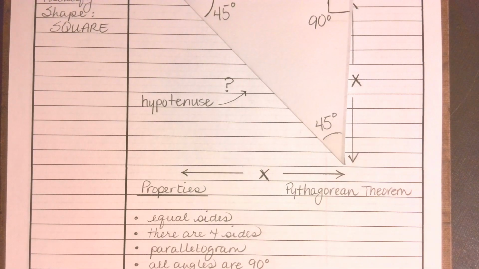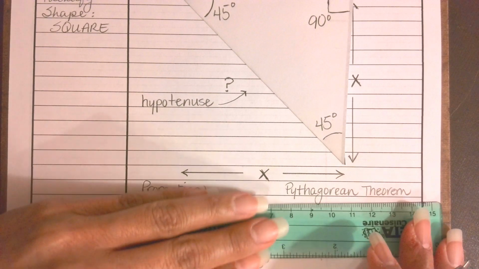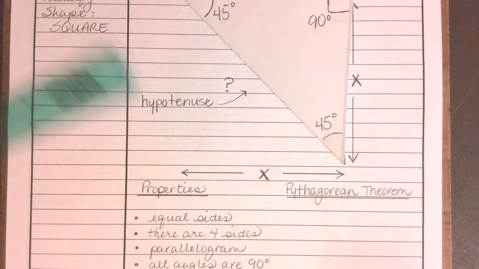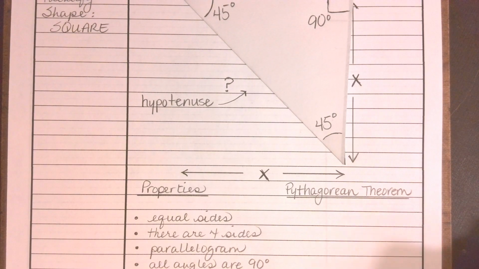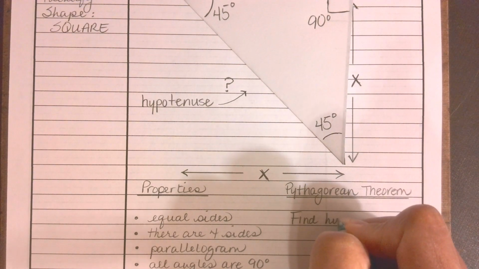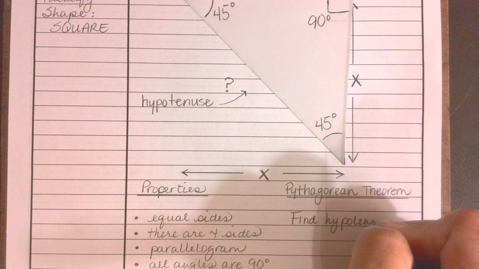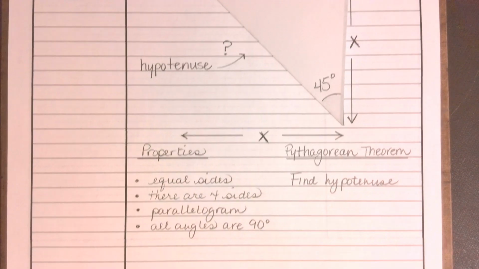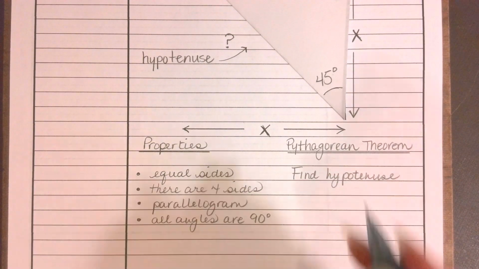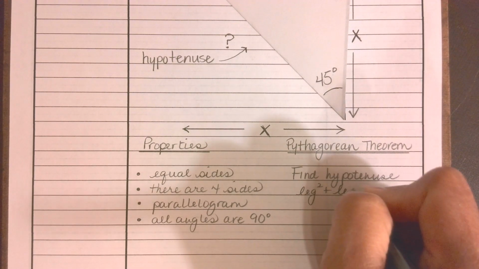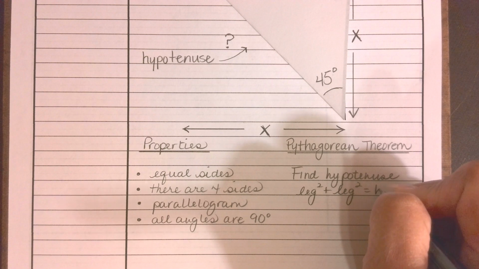So let's go ahead and do some algebra using the formula for Pythagorean theorem in order to find the hypotenuse. The formula for Pythagorean theorem, as you guys know, is a squared plus b squared equals c squared. But as I shared with you before, personally, I like to use leg squared plus leg squared equals hypotenuse squared.